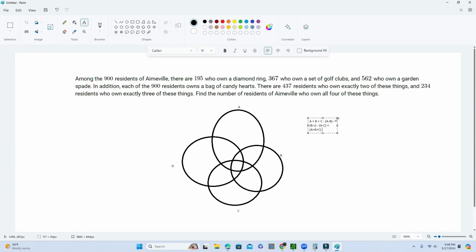And for the 3-set diagram, the result would just be the total amount of people, so we're just going to write total here.